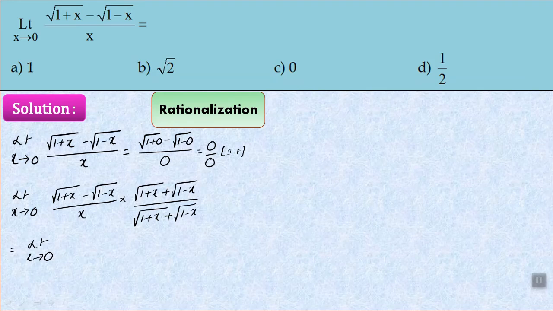So it can be written as a square minus b square, that is a square.